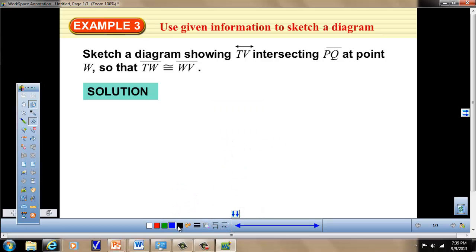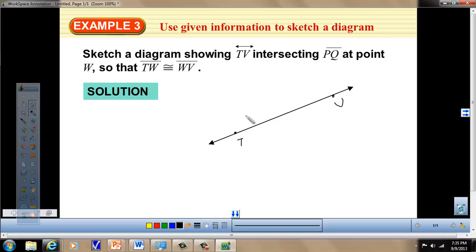We would have a line TV. So we would put T here and V here. And then we want line PQ so that TW and WV are equal.